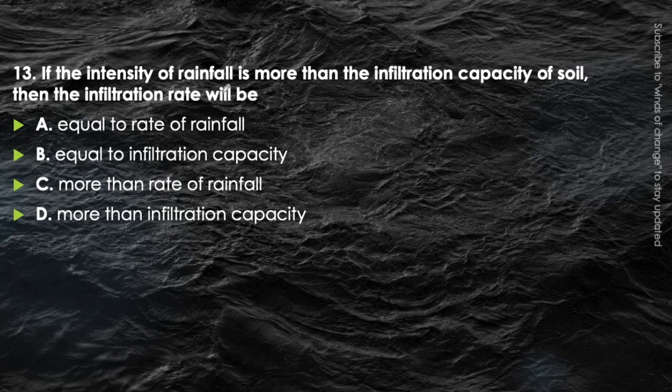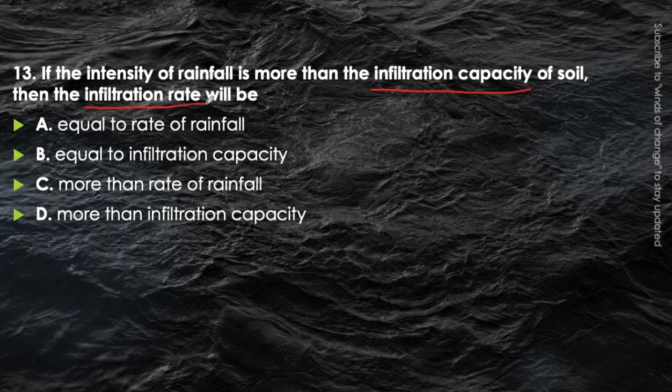Next question. If the intensity of the rainfall is more than the infiltration capacity of the soil, then the infiltration rate will be equal to rainfall, equal to infiltration capacity, or more than rate of rainfall or infiltration capacity? Now just think about it. What is infiltration capacity? Infiltration capacity is the maximum value of the infiltration rate.